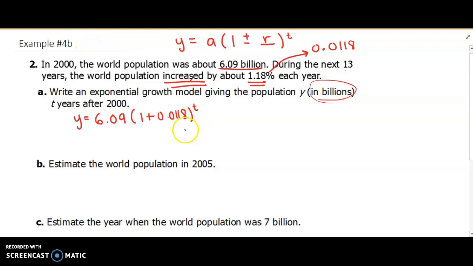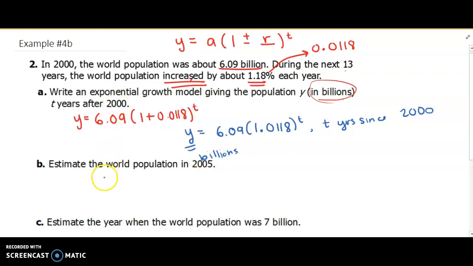If we want to simplify this, it's just y equals 6.09 times 1.0118 to the t. Remember, t is years since 2000, and y, don't forget, is in billions.